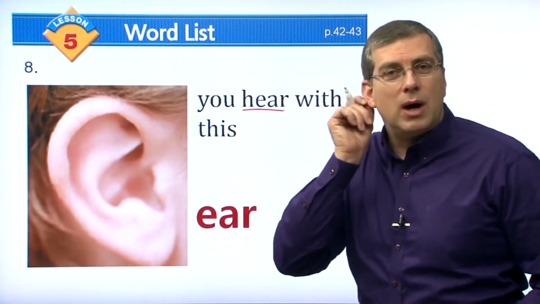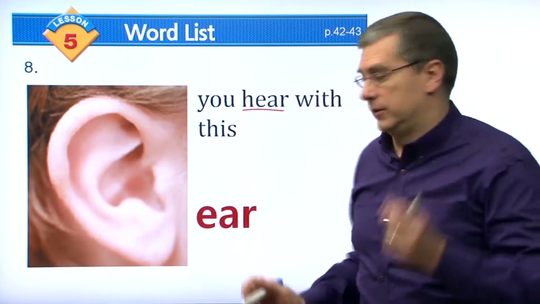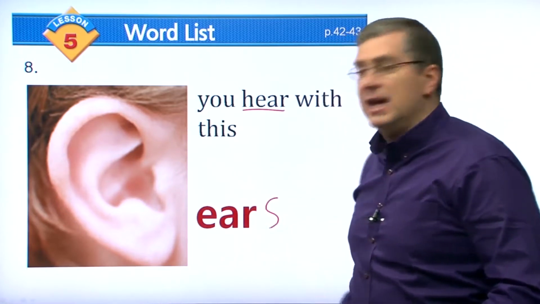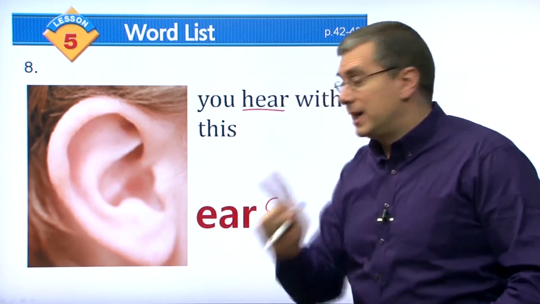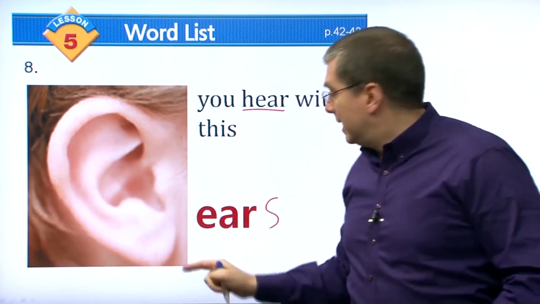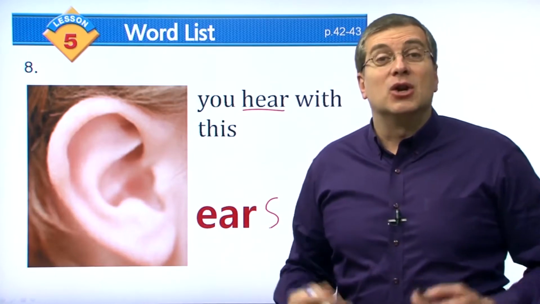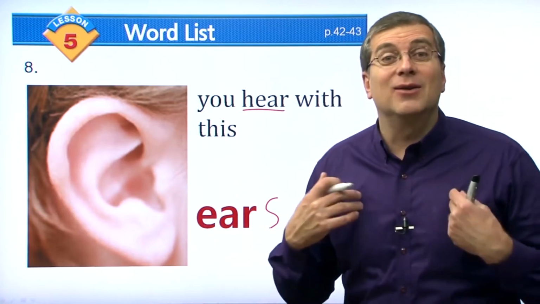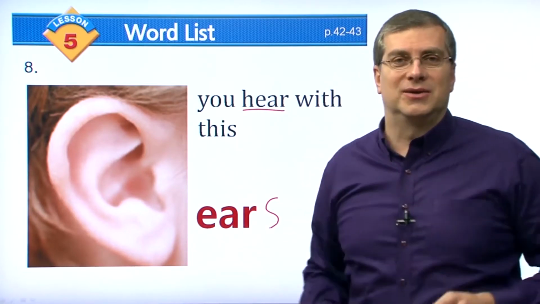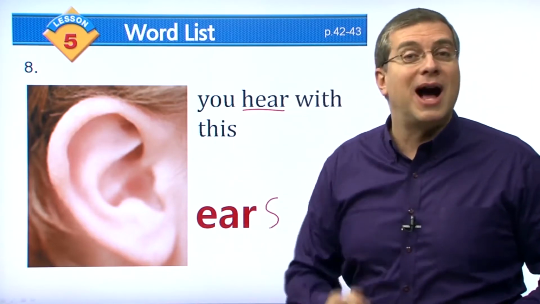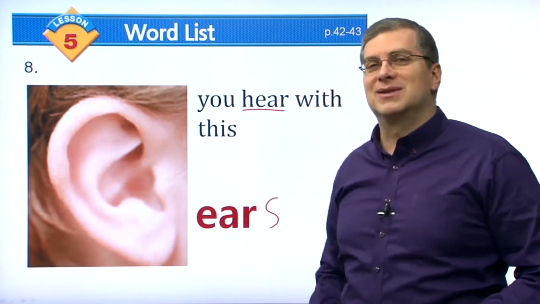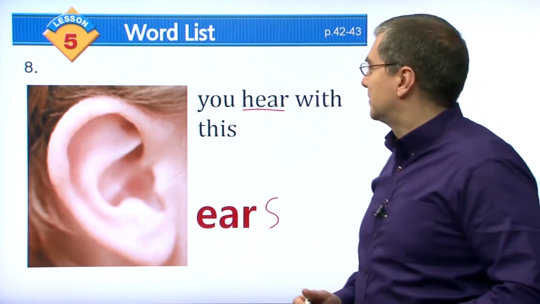Ear. So we have one ear, two ears. Of course, you're listening to me right now. You're hearing me with your ears, and you're watching me with your eyes. So those are two of the senses we talked about.